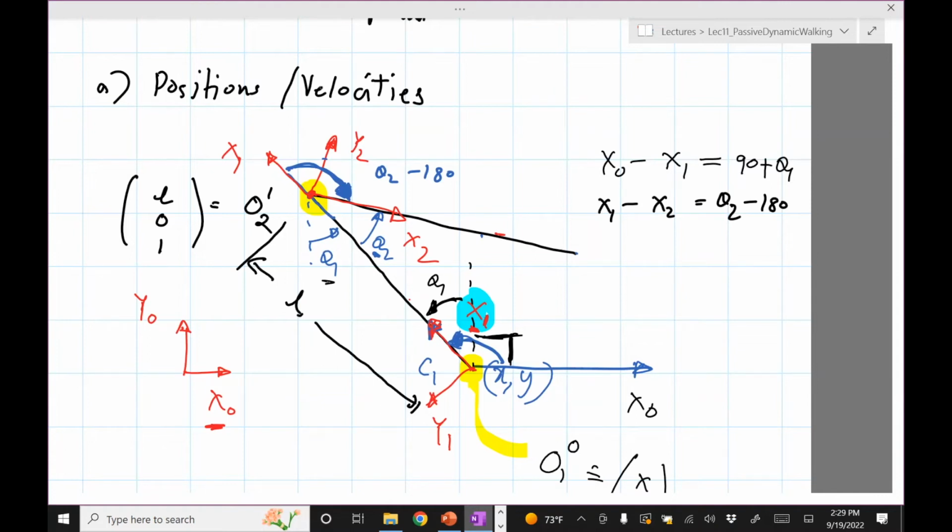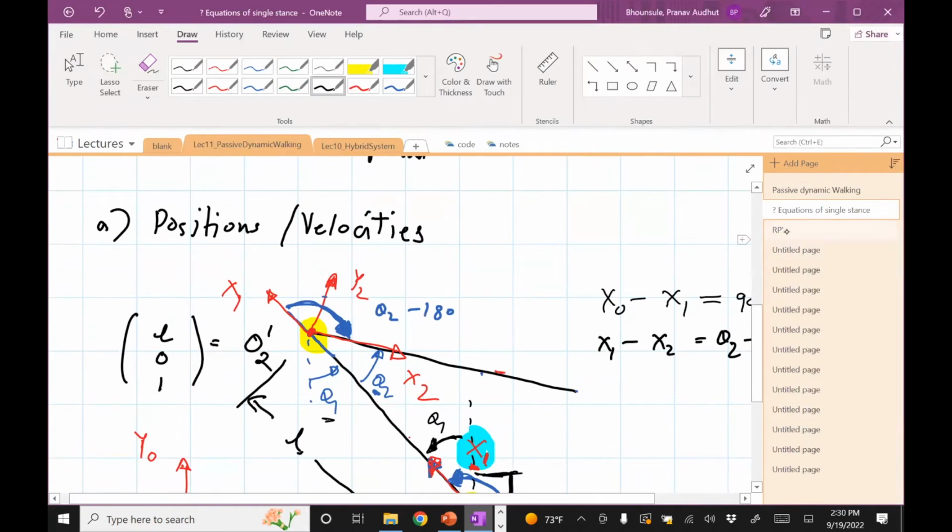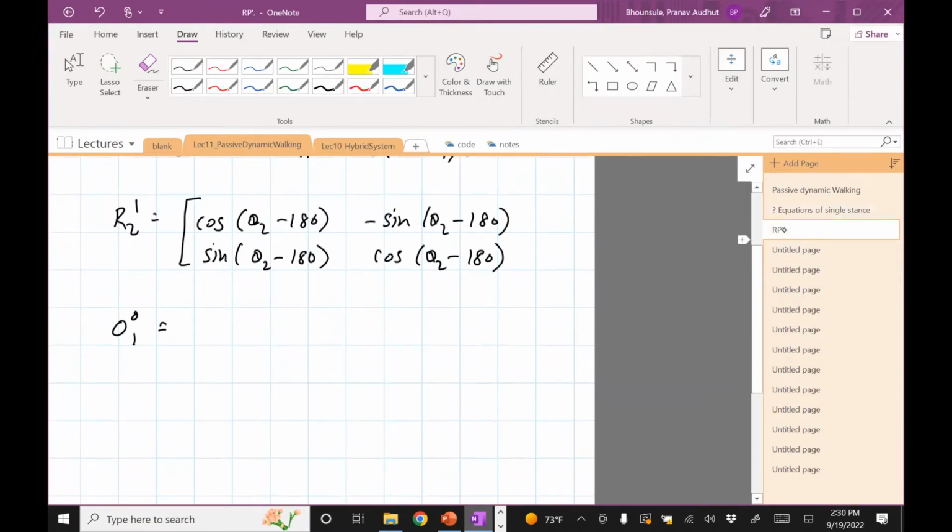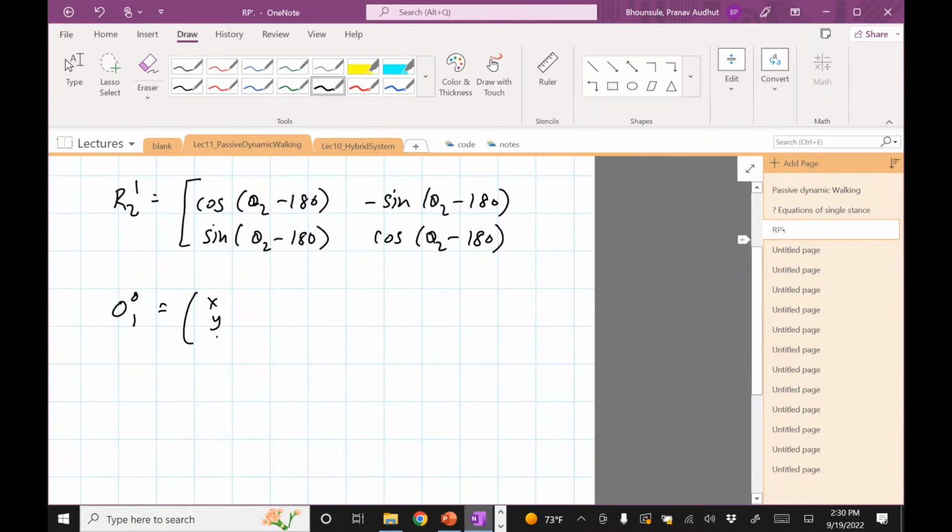So we have that, and I'll just transfer this to the next page. X, y1, L0, 1.